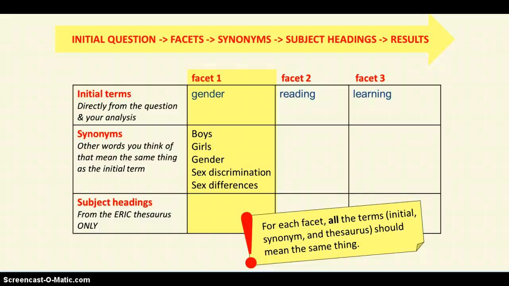So every synonym and every subject heading needs to mean roughly the same thing. To decide that, you look at the notes and then you use expand to decide whether subjects are pertinent. And if you can't tell, try doing a single subject search.